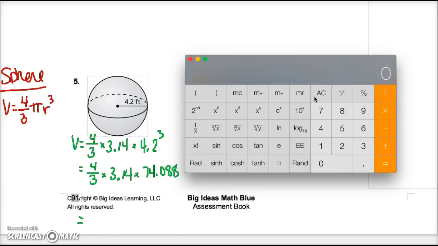So we have 4 times 3.14 times 74.088, divide that by 3, and you get 310.18176. If we're going to round that to the nearest tenth, this 8 tells me to bump this 1 up to a 2. So 310.2, and my labeling is going to be feet cubed.